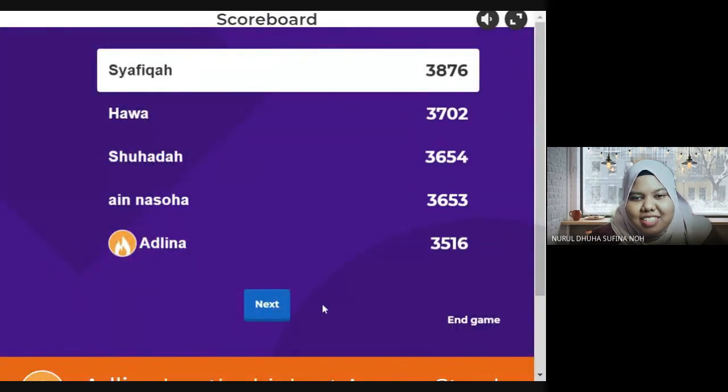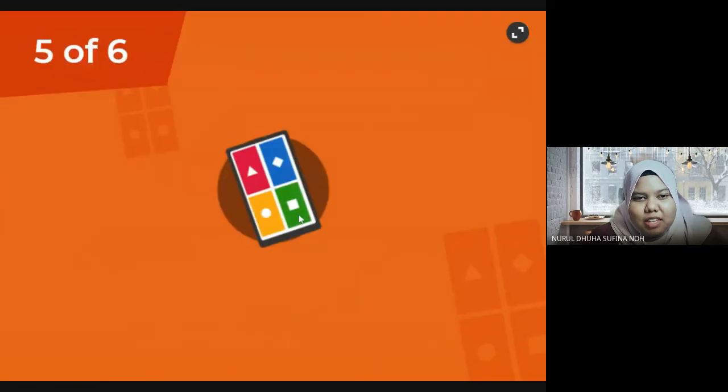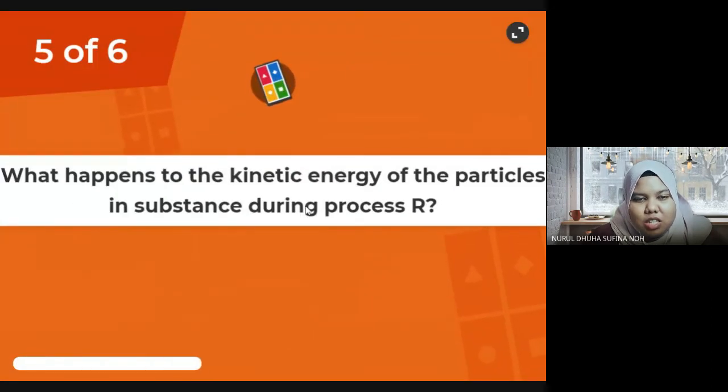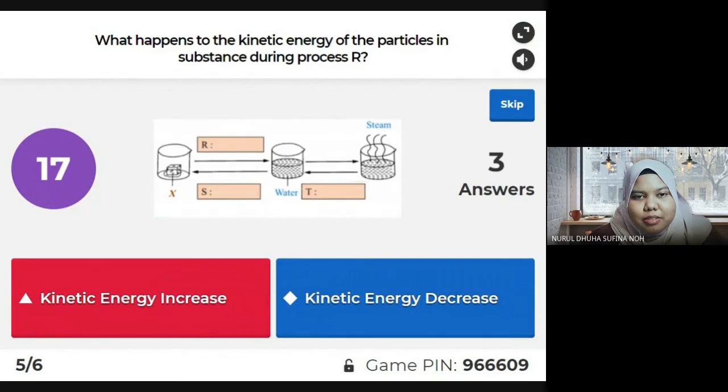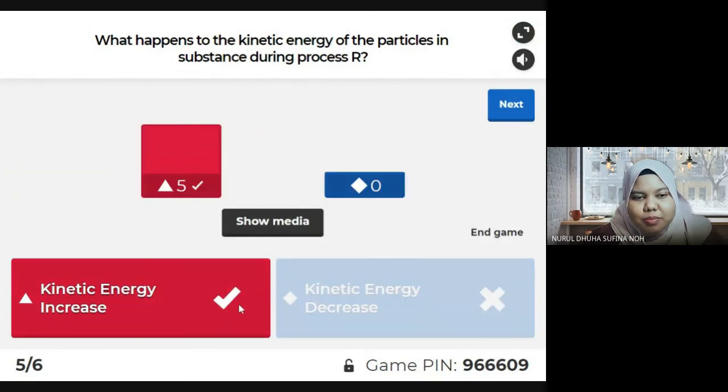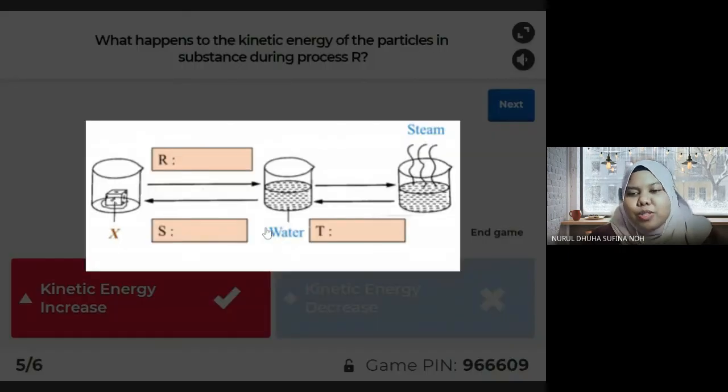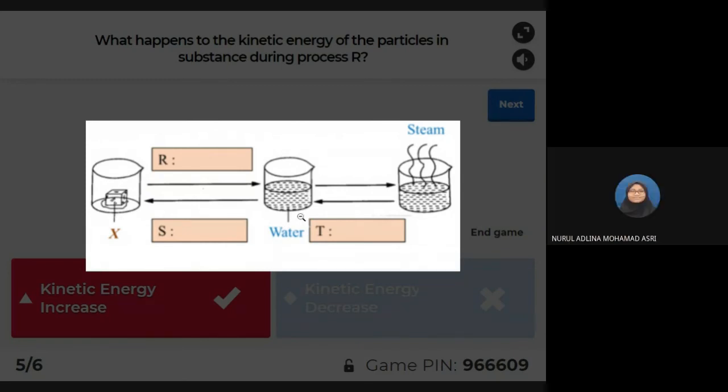Okay, Shafika is still the highest. Next question. What happened to the kinetic energy during process R? Yes, kinetic energy increases. I want to ask Adlina. Yes, teacher.